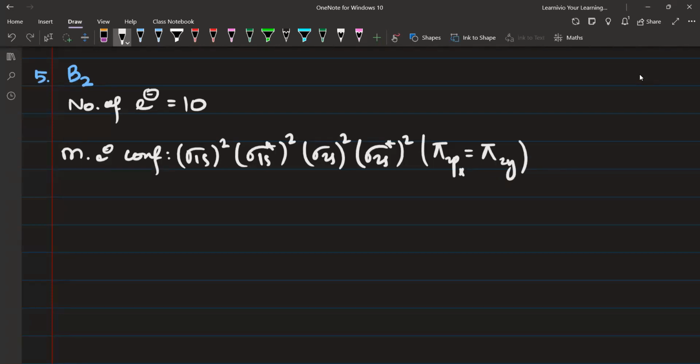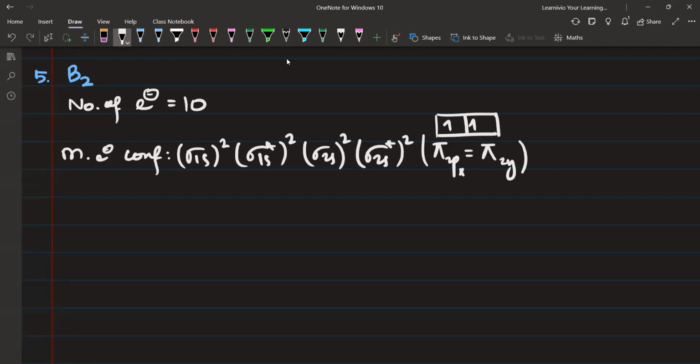Now, how are we going to fill them? These orbitals have the same energy. So whenever you have orbitals with the same energy, there will be one electron like this and one electron like this. Does this make sense? Yes, sir. Fine. So, 8, 9, and 10.